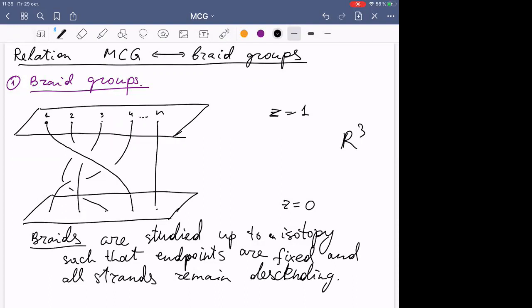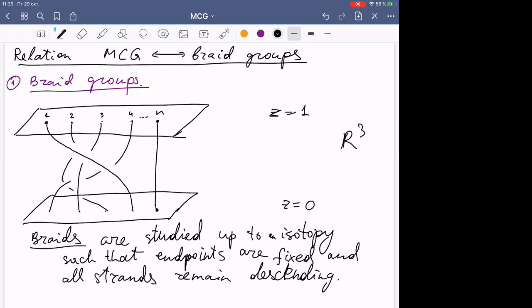If 2 braids are isotopic just inside this slice between 2 parallel planes, and during this isotopy we allow strands to become non-descending, then this is still the same equivalence relation, but we will never use it. The usual point of view is that we consider braids up to isotopy preserving descendance of strands.